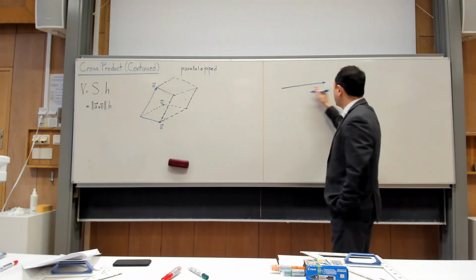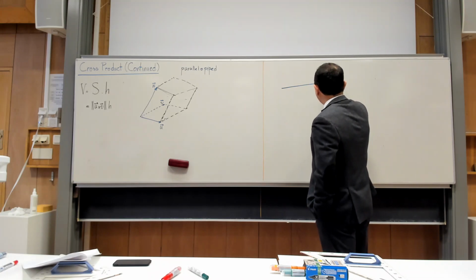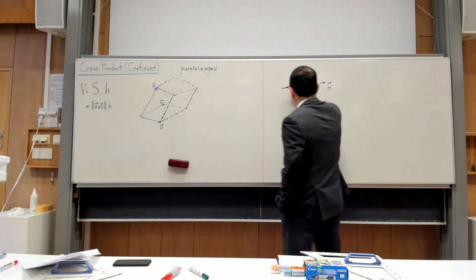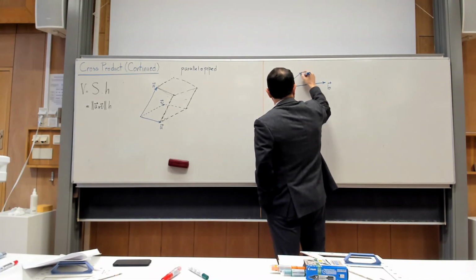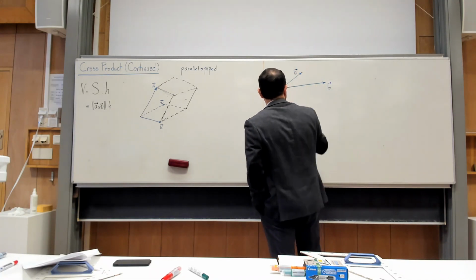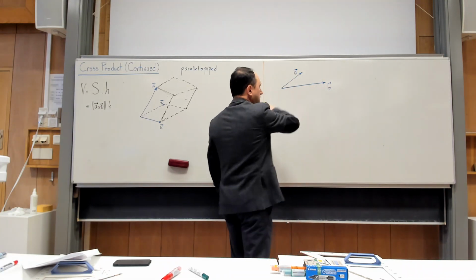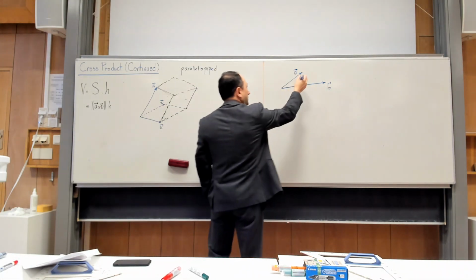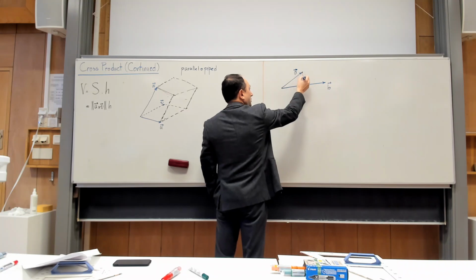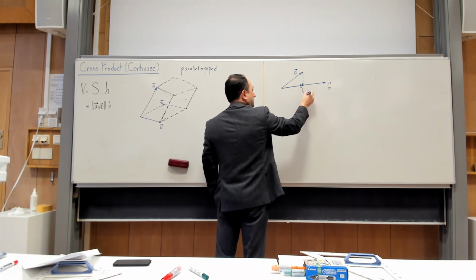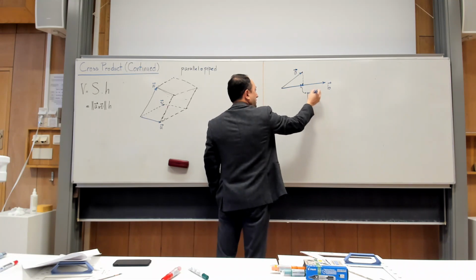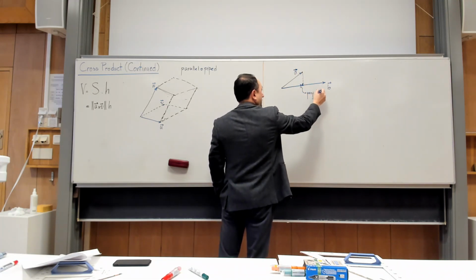If I have a vector A, and let me call the other vector B. Do you remember, if I draw a perpendicular line from the tip of vector A to vector B, what you see here is called the projection? The projection of vector A onto vector B.